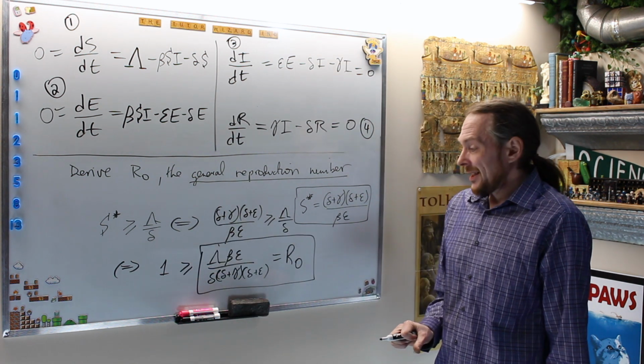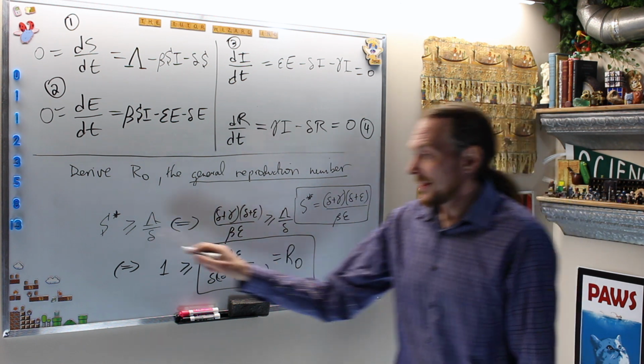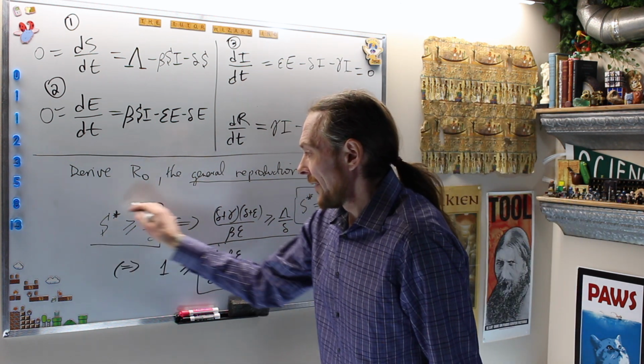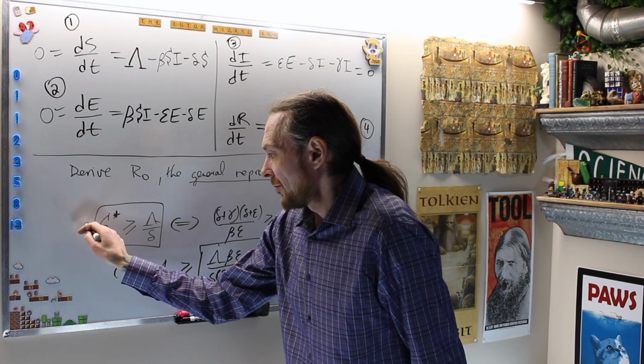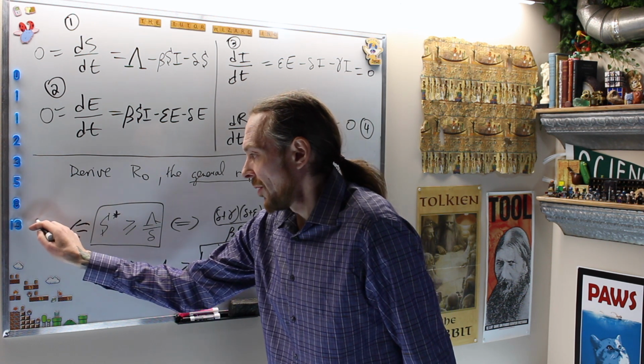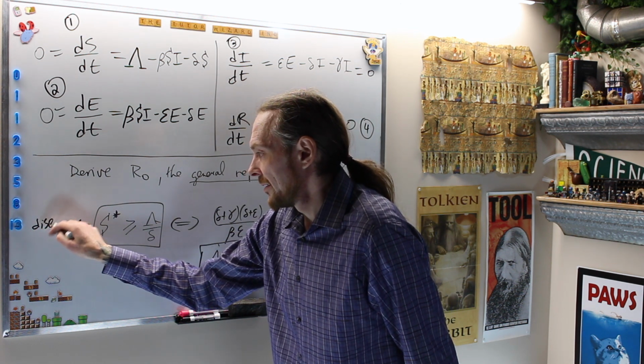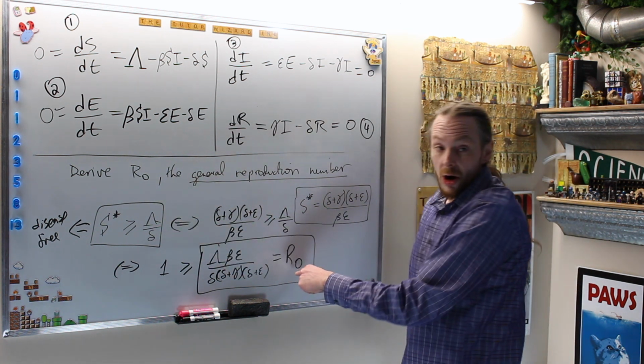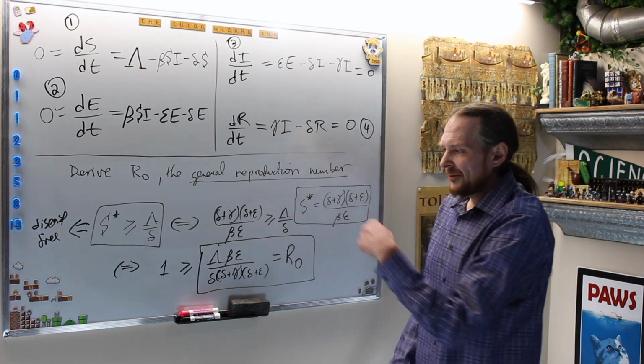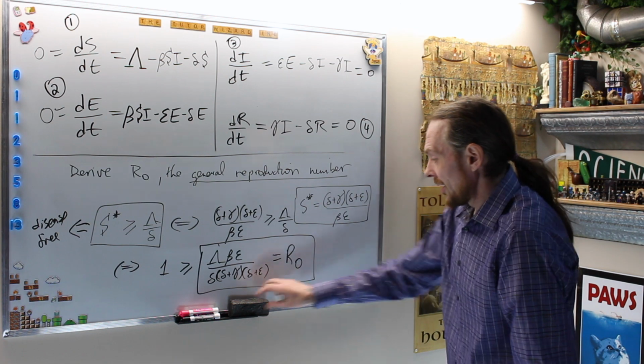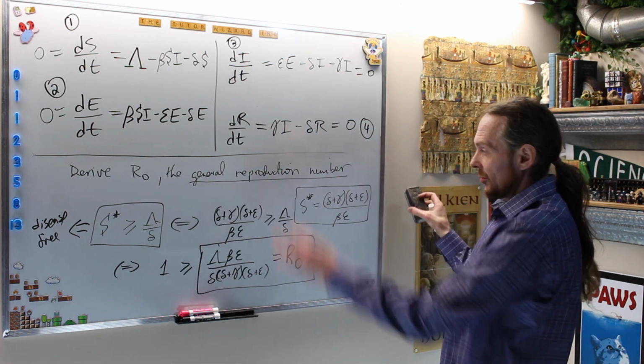Why is that? Because now we see that if this happens, we can conclude that we only get disease-free. And now we found a condition for our R0 for when that will happen. So let me rephrase that now that we've found what R0 is. Actually, I can erase the whole board.